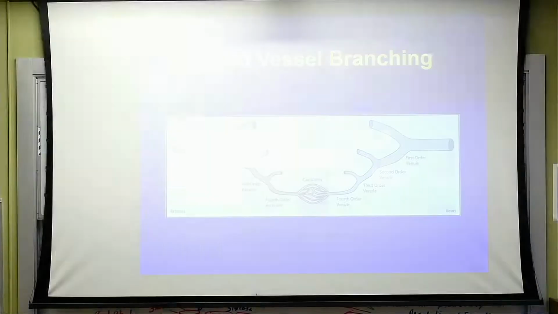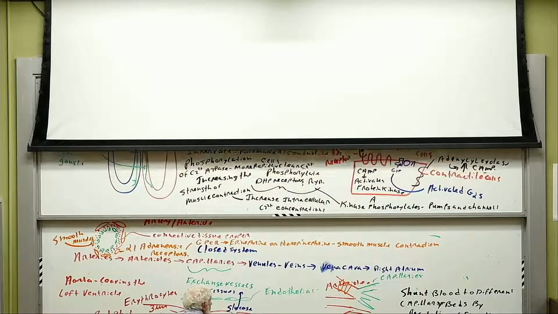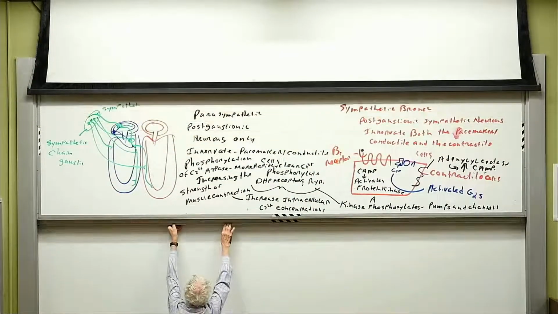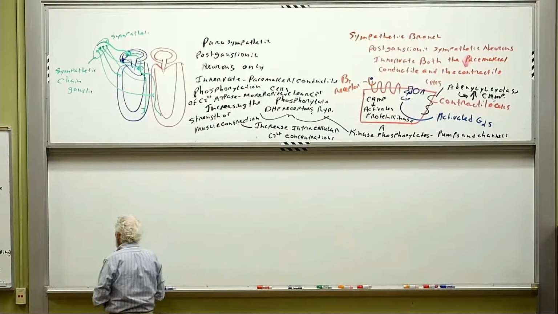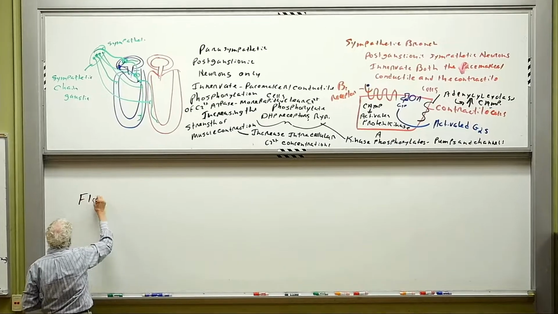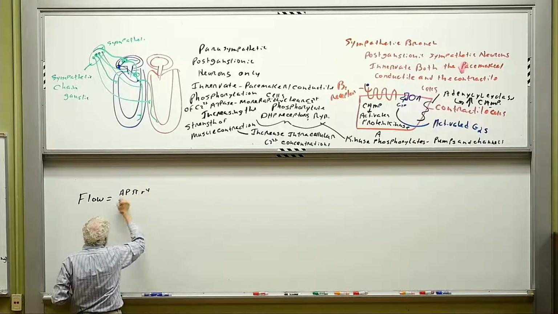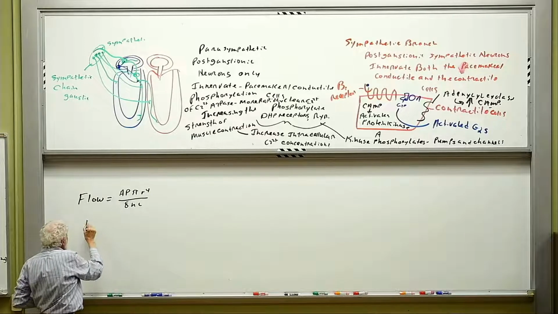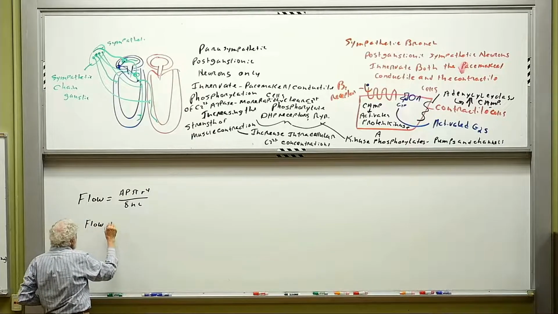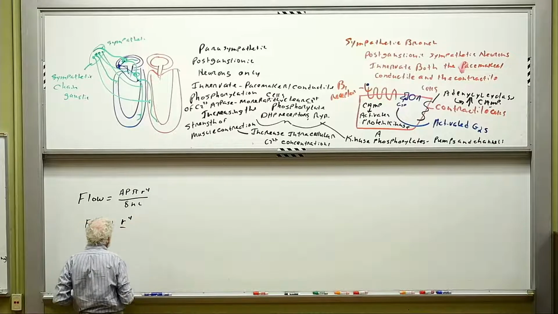So what does that mean, and how does that work? Let's put this on the blackboard. So remember that flow is equal to delta P pi r to the fourth divided by 8 eta L. Well, we said that the flow is proportional to the radius to the fourth power.